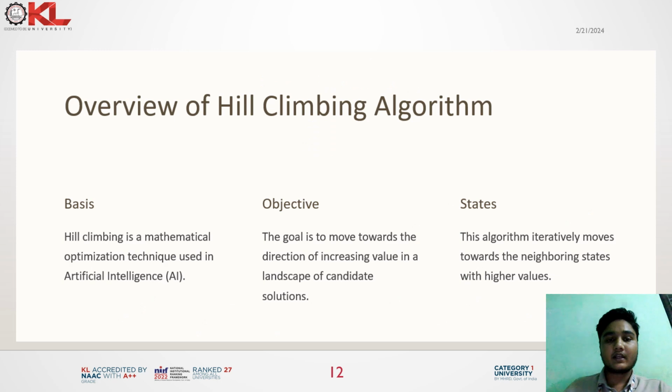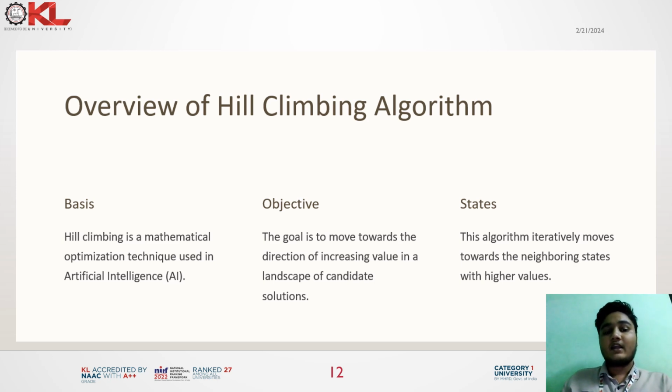And here we can see the overview of the hill climbing algorithm. In the previous slide we talked about search algorithms to be aware of hill climbing. This was the overview. For the basics, hill climbing is a mathematical optimization technique used in artificial intelligence.